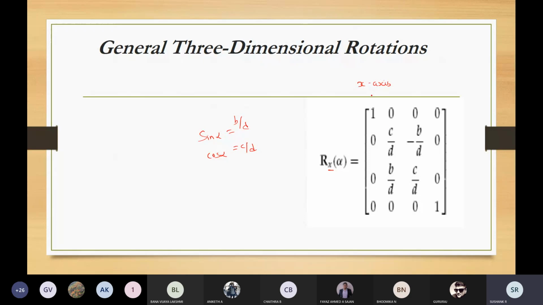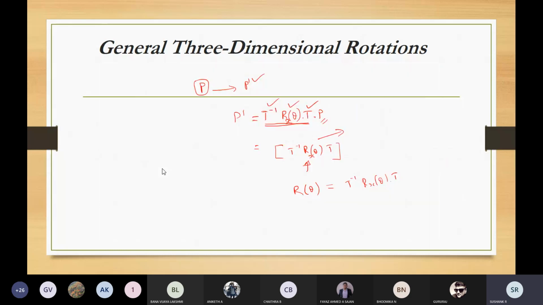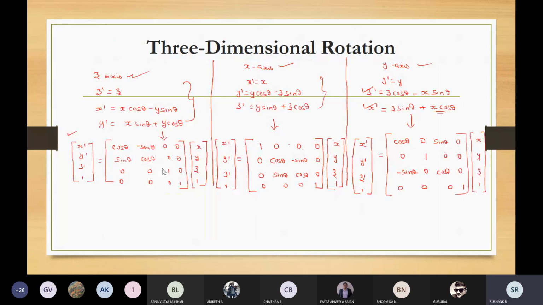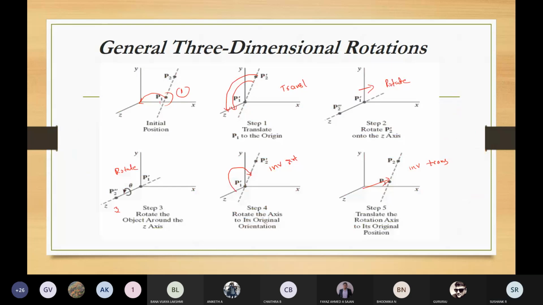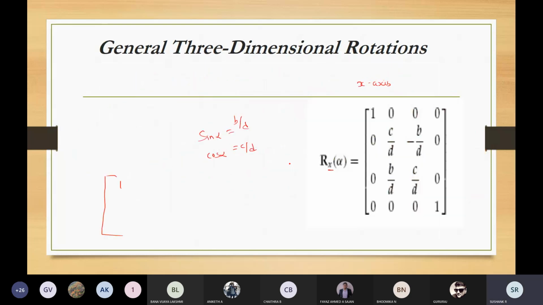How I got this formula, you can check the transformation matrix. What was the transformation matrix which I had written? The transformation matrix around the x-axis: 1 0 0 0, 0 cos theta minus sin theta 0, 0 sin theta cos theta 0, 0 0 0 1.